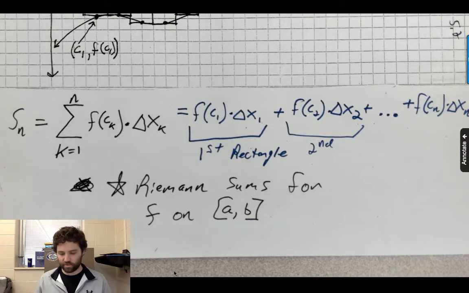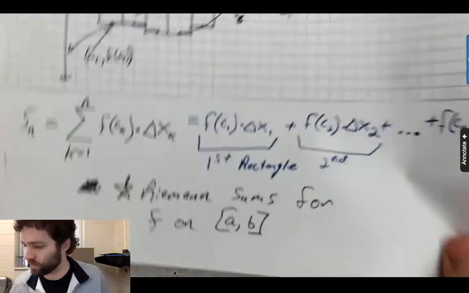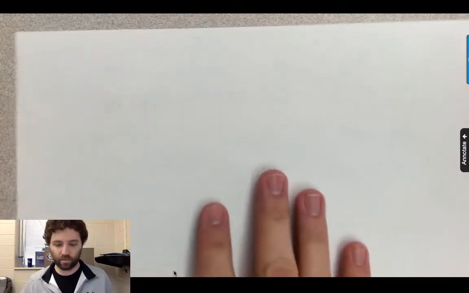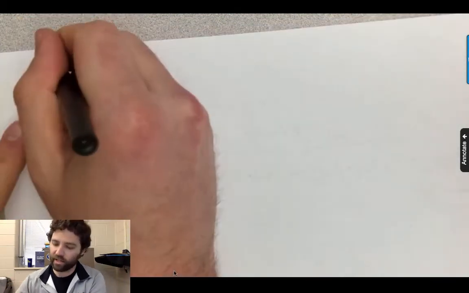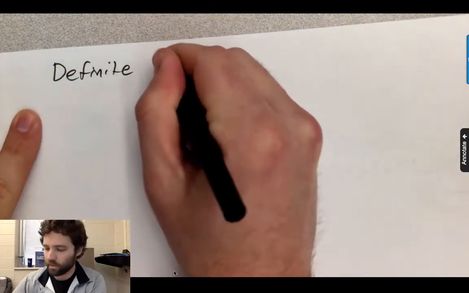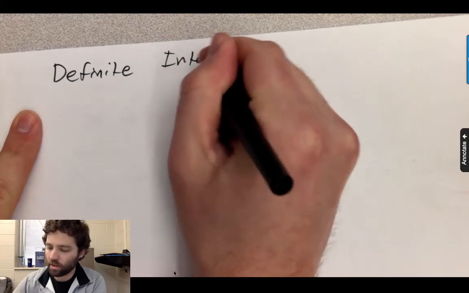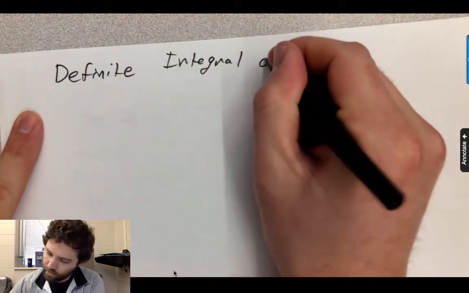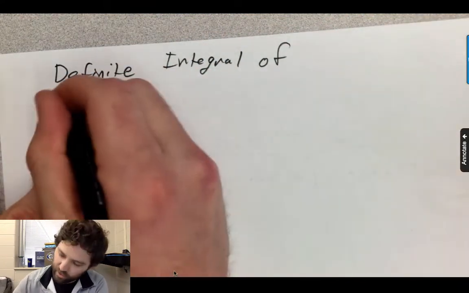I did not leave myself space, so I will flip this over and we'll write this out. This leads us to what is called the definite integral of a continuous function.